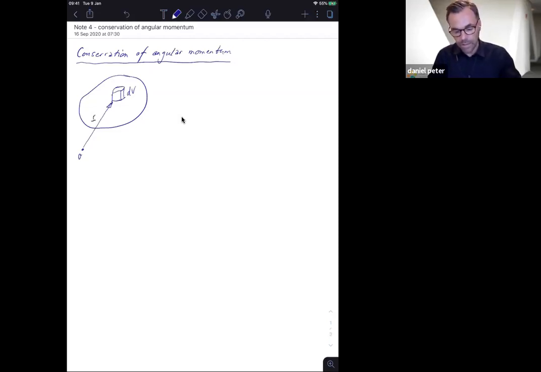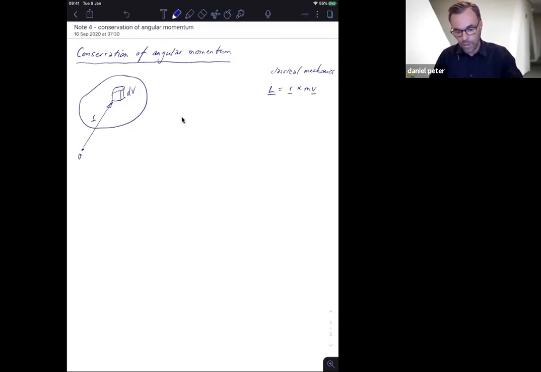In classical mechanics, or point mechanics, the angular momentum of a point would be defined often as capital L equal to r, and then the cross product with its impulse, m times velocity.